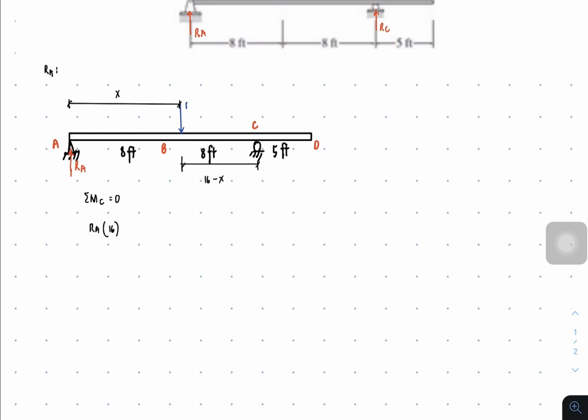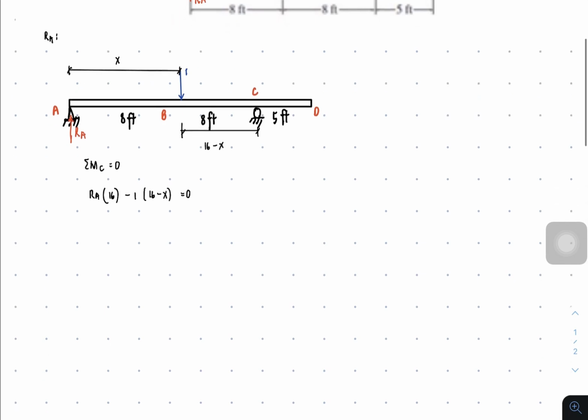So right now we have the influence of -1 counterclockwise times 16 minus X equal to 0.